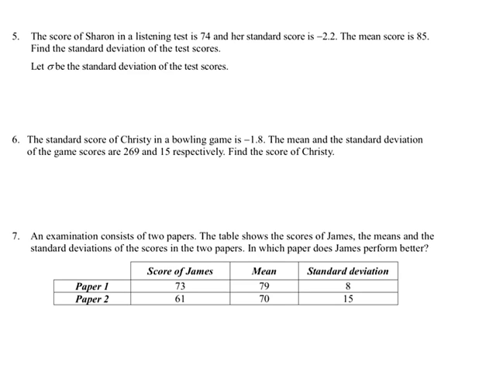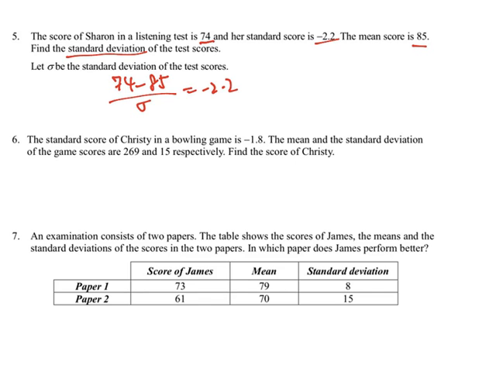Now try to use a few minutes to finish questions 5 to 7. Okay, let's check it. Question 5, Sharon's score is 74 and the mean is 85. We don't know the SD, we know the standard score. So 74 minus 85 over sigma, where sigma is the SD, is equal to negative 2.2.